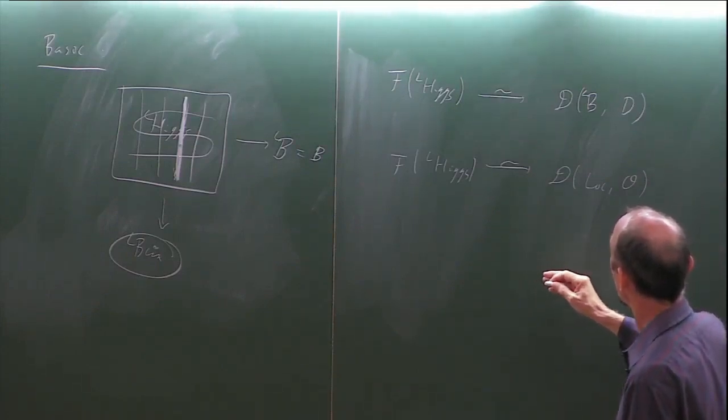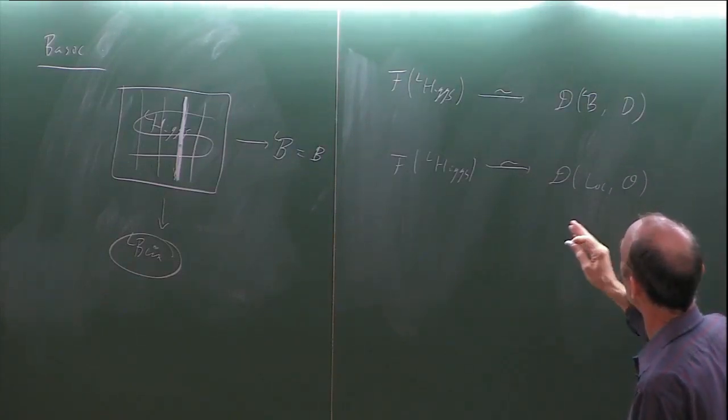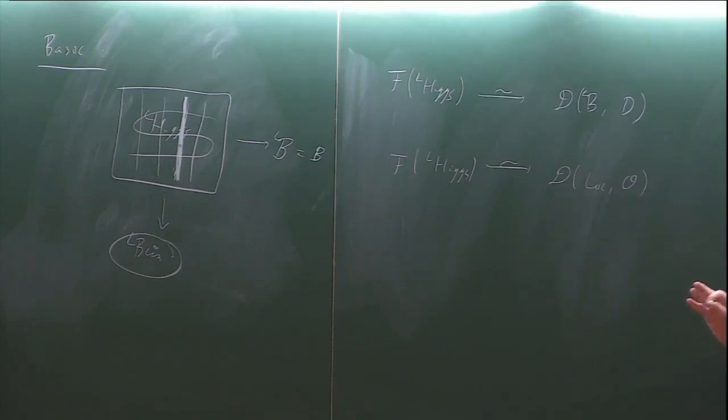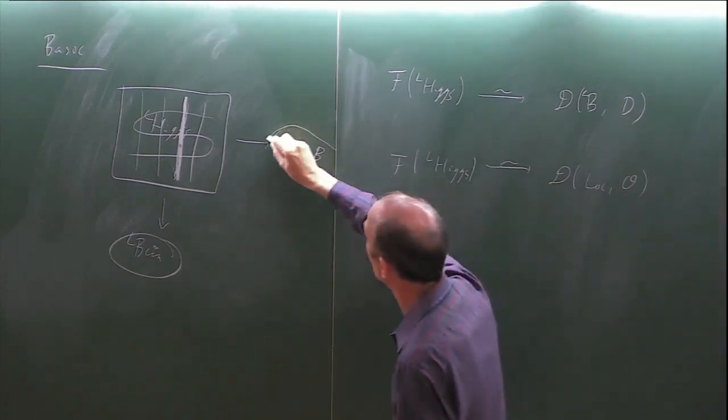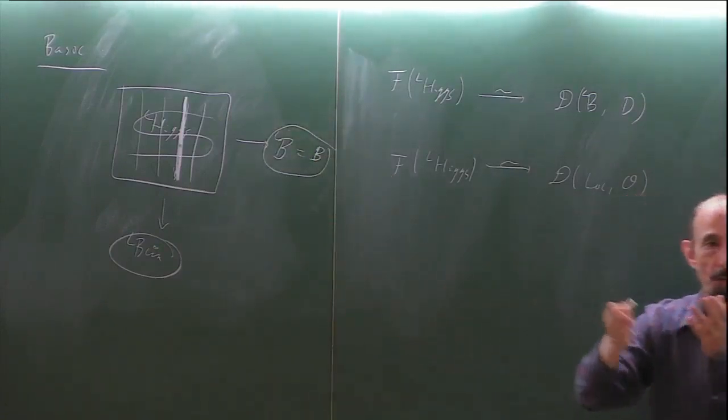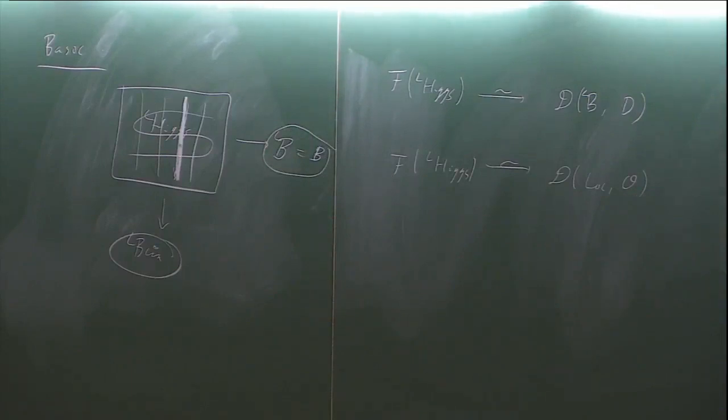So the point is that you're going to have these two Lagrangian fibrations, the Hitchin fibrations for G and for G^L. There will be an identification of the base in such a way that the fibers are exactly dual to each other.